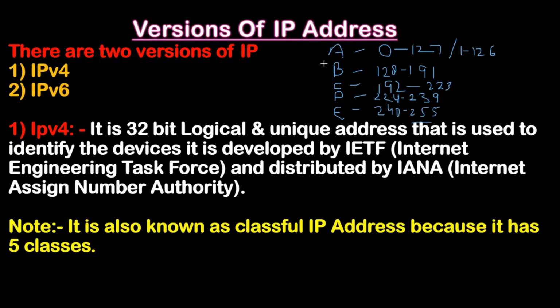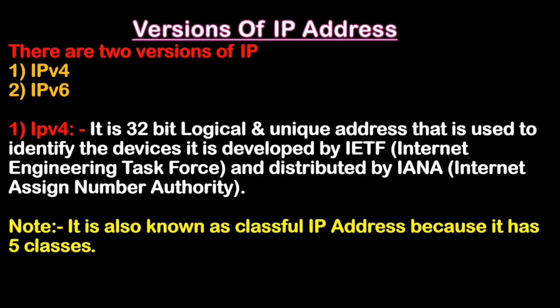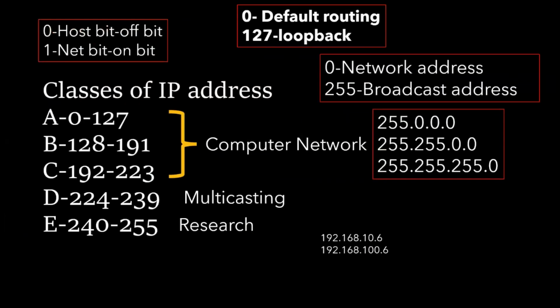Right now, where we have to use the classes, for that you will see. So here I have written, here we have these classes A, B, C, D, and E. The first three classes, A, B, and C, are reserved for computer networks. Right? The first three classes A, B, and C are reserved for computer networks.